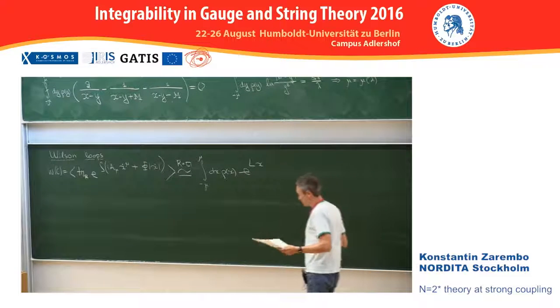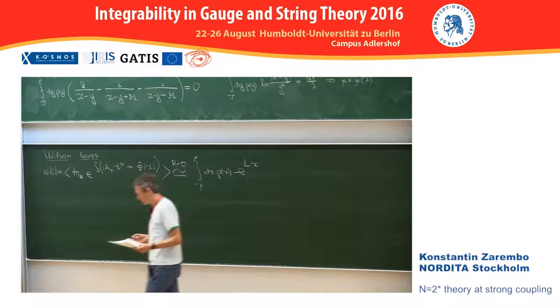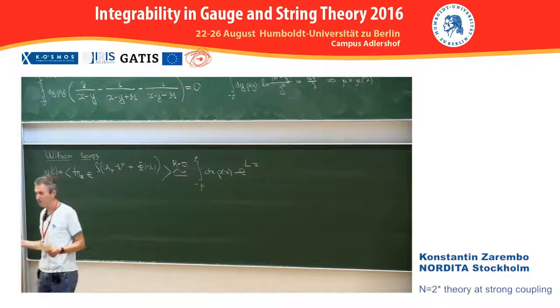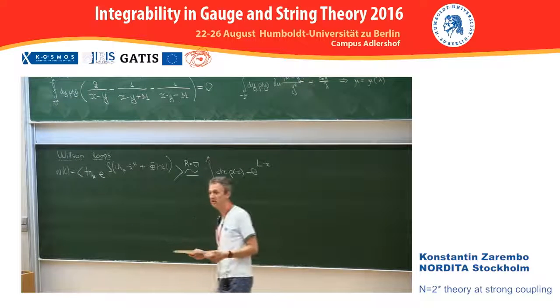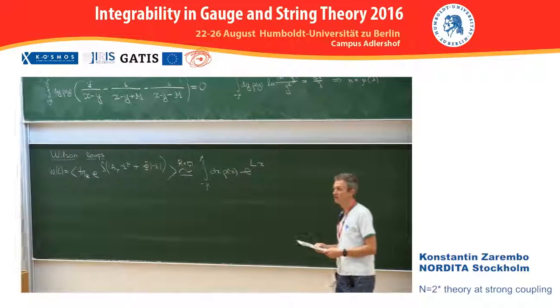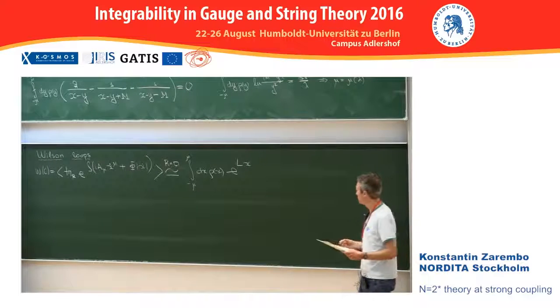But then we expect that Wilson loops that are sufficiently big will be universal. In a confining theory, they would satisfy the area law. This theory is not confining, so the Wilson loops actually satisfy the perimeter law.